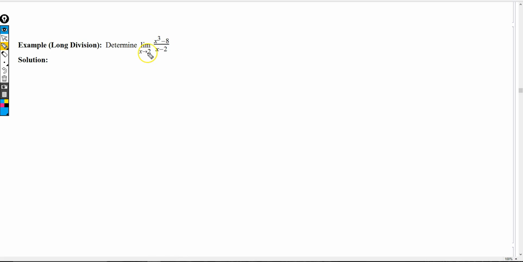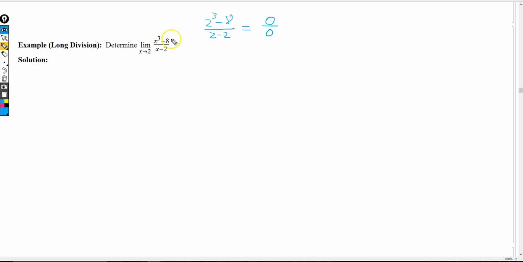Now let's see, if we put 2 into both of these in for x in the top and the bottom, we get, of course, 2 cubed minus 8 over 2 minus 2, and of course that is equal to 0 over 0.